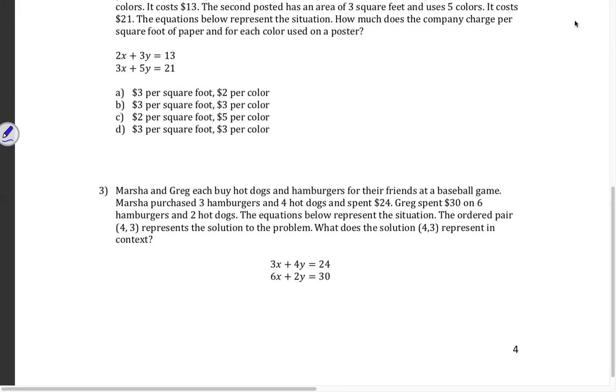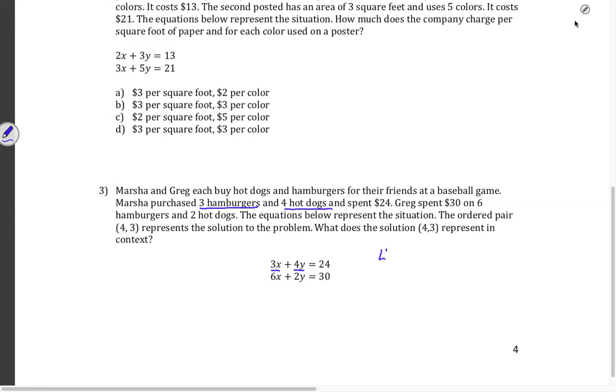What does 4, 3 mean? Well, let's look at it this way. 3 for Marcia represents hamburgers, and the 4 represents hot dogs. So notice 3 is with X, and 4 is with the Y. So we know that X has something to do with hamburgers. And the 3 stands for the numbers, and my answer is in dollars.